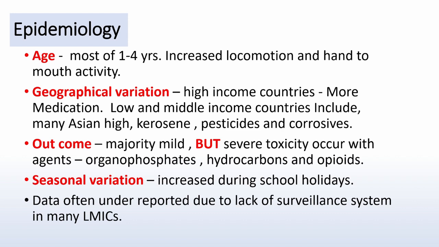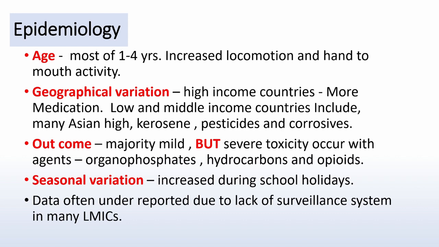The seasonal variation, as is well known, is that during school holidays more children are admitted with poisoning. Other than that, as I mentioned earlier, the surveillance, awareness of the society and data are very poor in most countries.